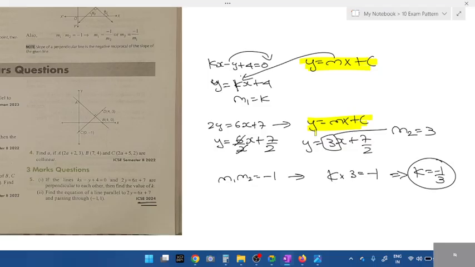Find the equation of the line passing through and parallel passing through minus 1, 1.